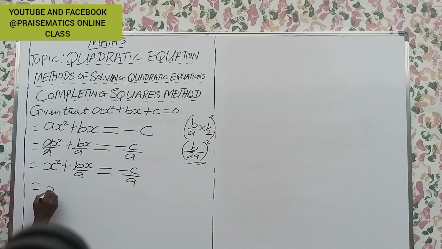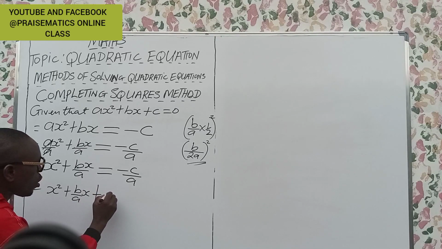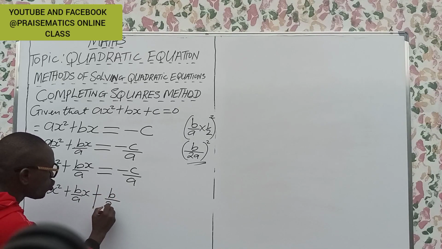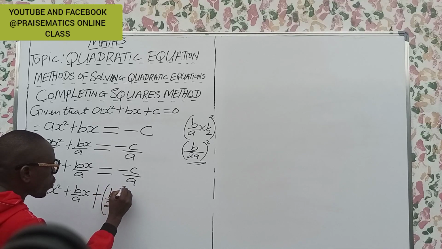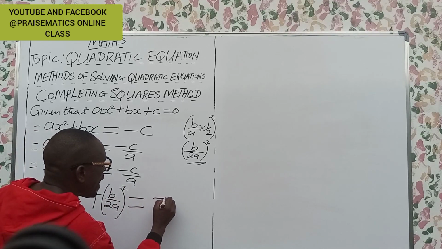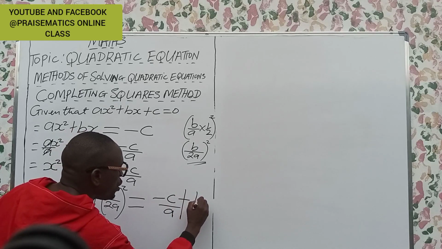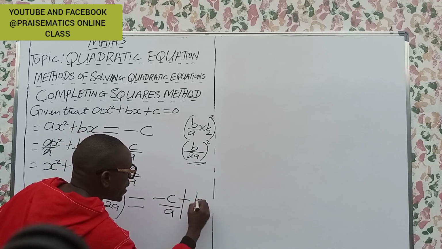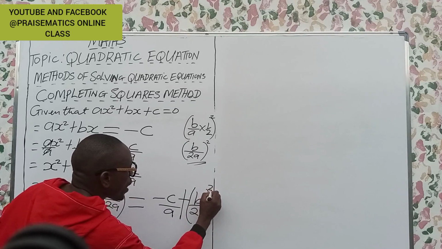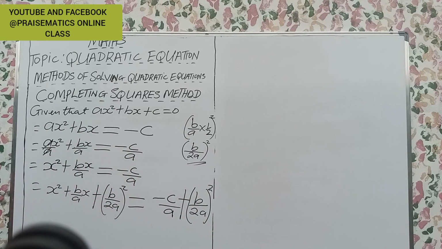That is x squared plus b over a x plus b over 2a all squared is equal to minus c over a plus b over 2a all squared. That is how to do it. So you have added it to the left and right hand sides of the equation. Thank you. Now let's proceed.